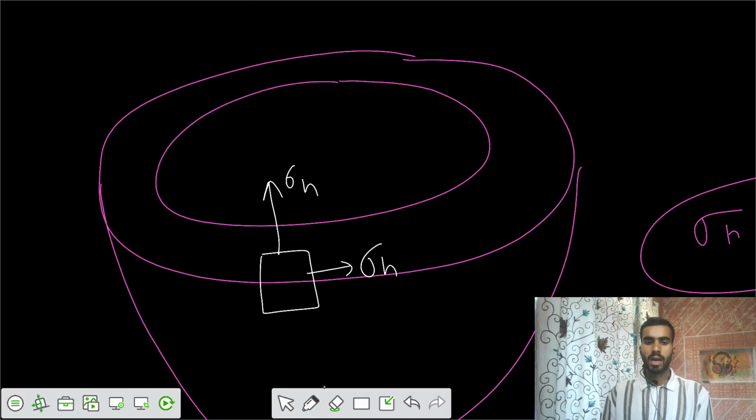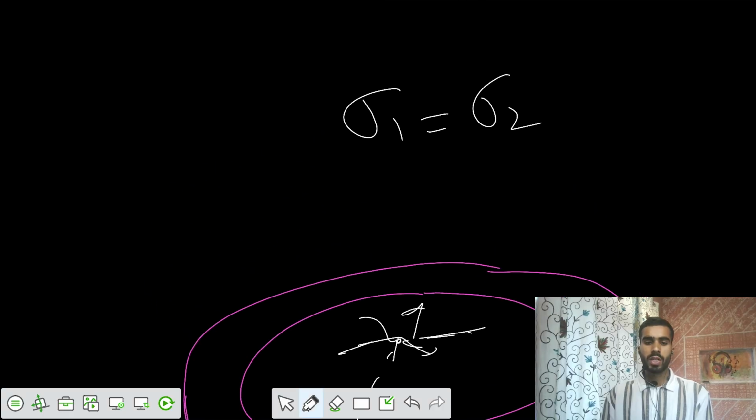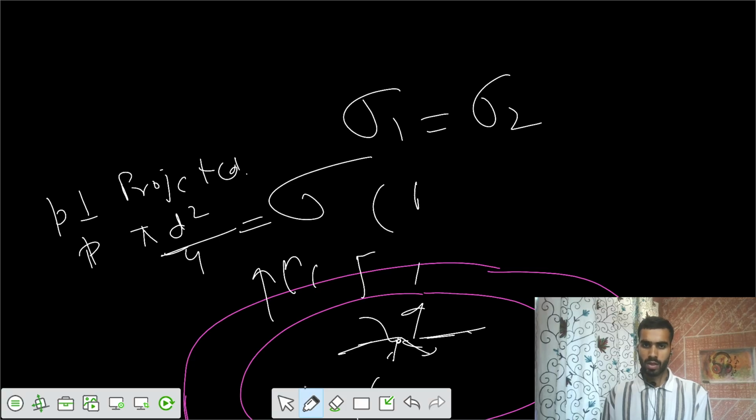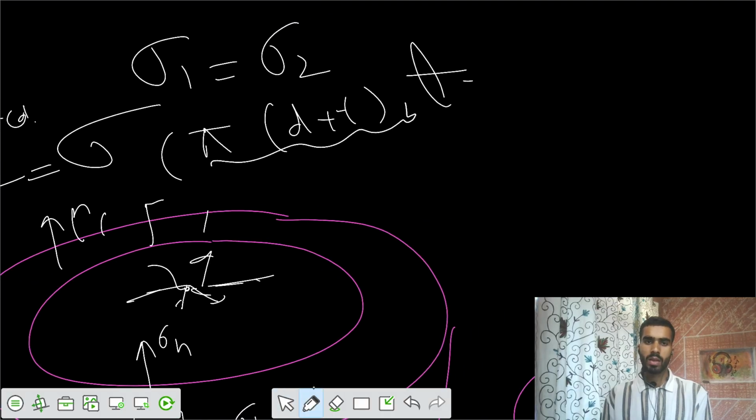If I calculate that, there is some pressure. If I assume that the pressure is acting perpendicular to the projected area, P is acting on the area pi d square by 4, similar to what we did in the case of cylindrical vessels, and that should be balanced by sigma on the mean perimeter pi times d plus t, into thickness t.